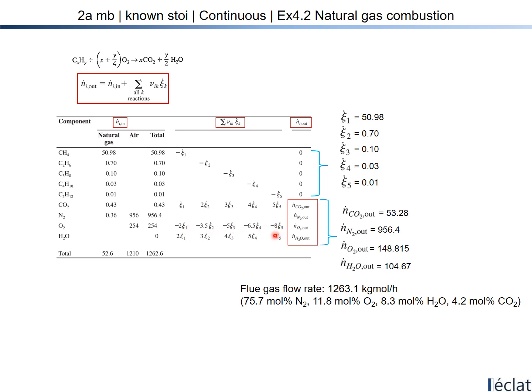Also, the stoichiometric coefficient of the oxygen consumption is x plus y over 4. Then these 2, 3.5, 5, 6.5, 8 values are coming from the stoichiometric coefficient of x plus y over 4. Then you could find some oxygen in the upstream. How about water?